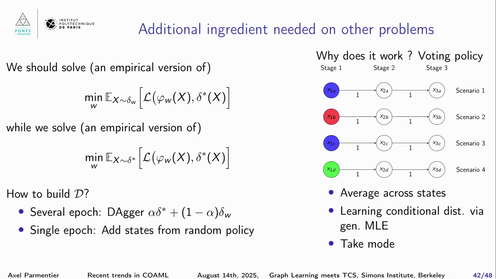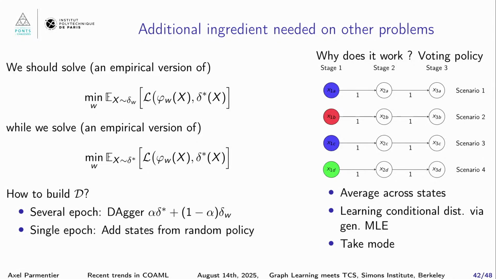If it's routes of a vehicle routing problem, then you have a problem, because since it's combinatorial, they are most likely completely disjoint, and so you have an average of disjoint routes, you don't know what to do. But in fact, doing supervised learning with a Fenchel-Young loss is just a generalized maximum likelihood estimator to train a conditional distribution over your routes.